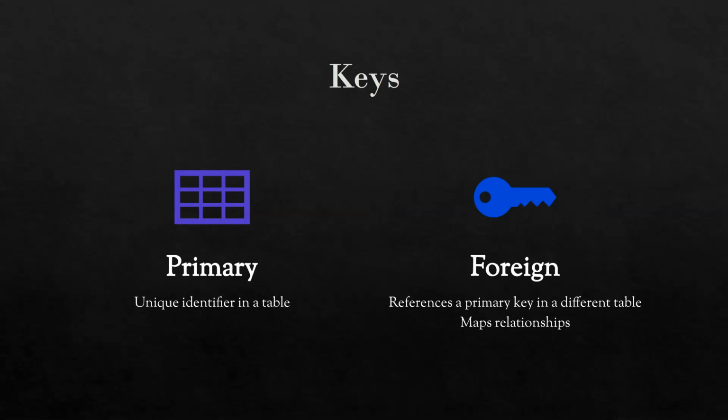Not date of birth, not name, not email address, because I know it seems kind of far-fetched to say email address is probably not a good foreign key or a primary key, but what if 2 people share the same email address? Okay, that could be a problem. So we come up with unique identifiers instead. And then the foreign key is the map that literally links 2 different tables together.